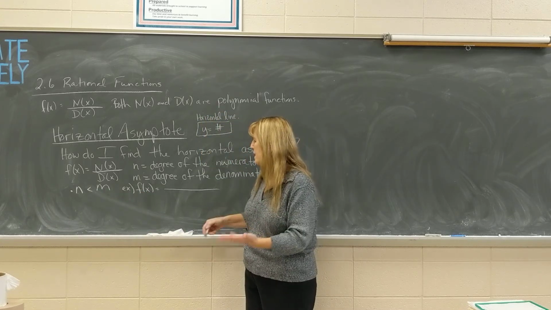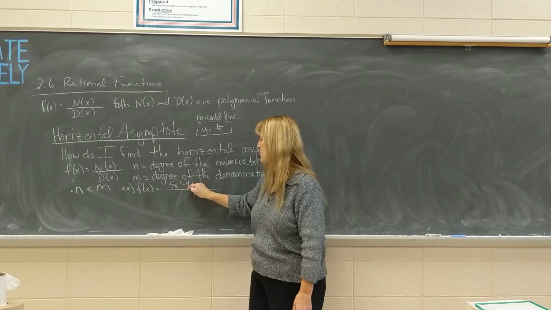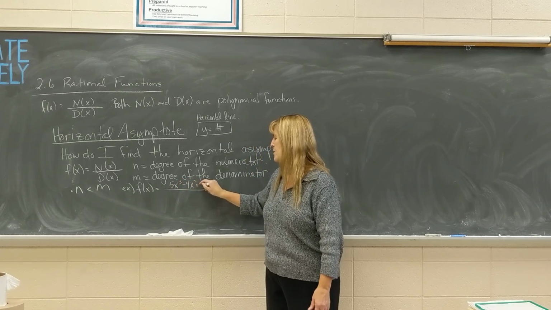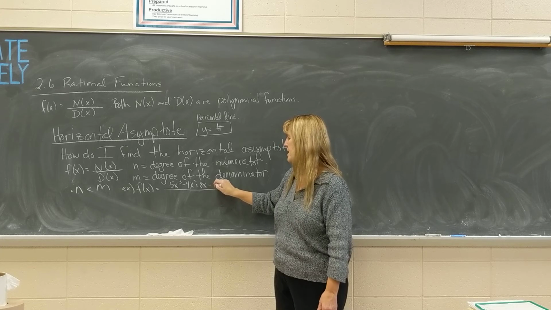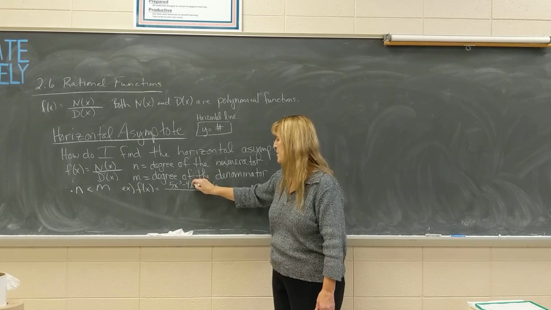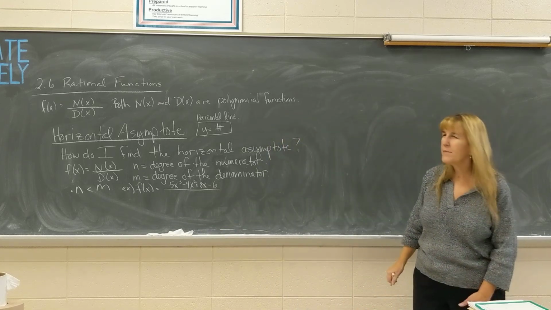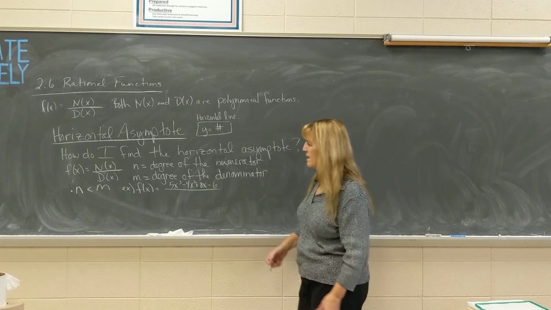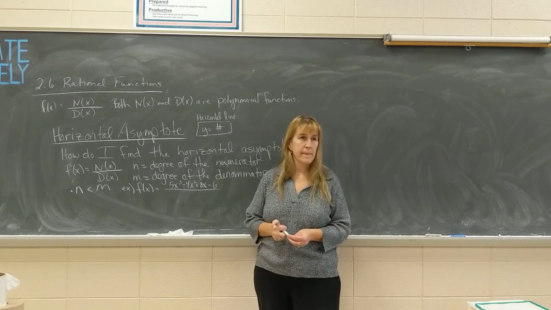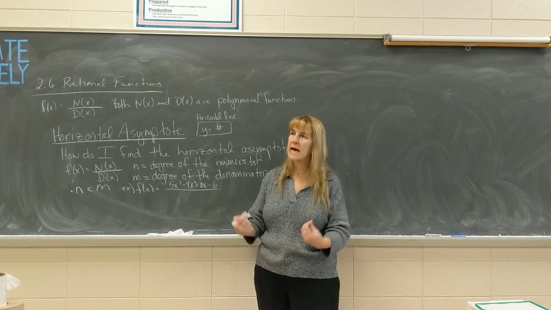So I might have like 5x cubed minus 4x squared plus 8x minus 6 or something like that. I just made that up off the top of my head because I'm a beast. Now the denominator, I want to make it up in such a way that what? Say it again? The m is greater than n. So the m is greater than the n.